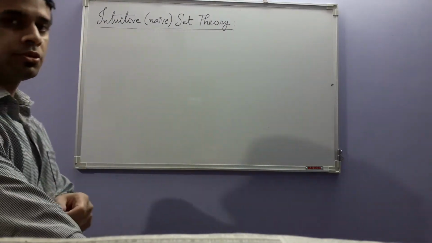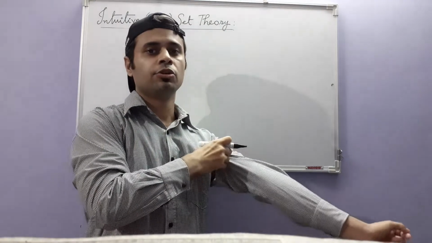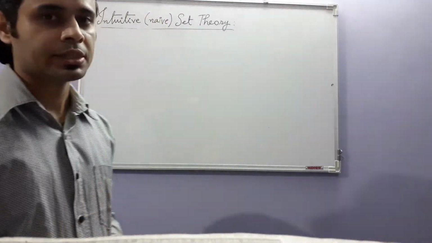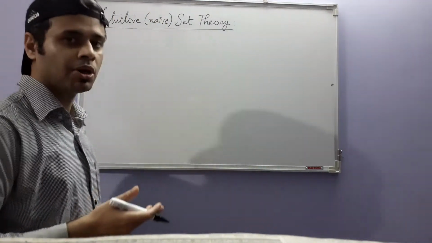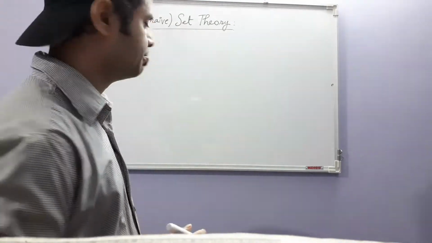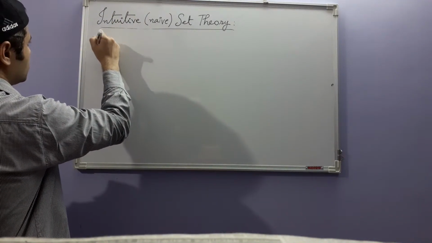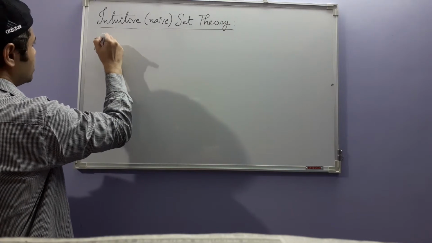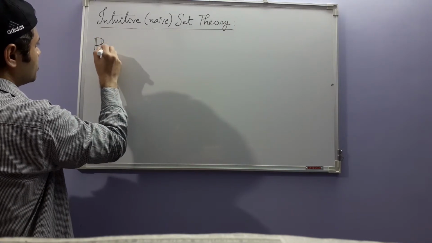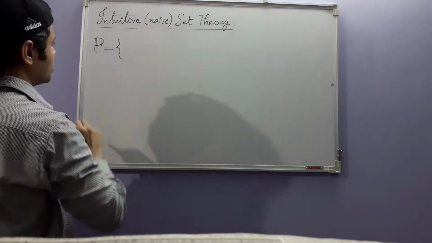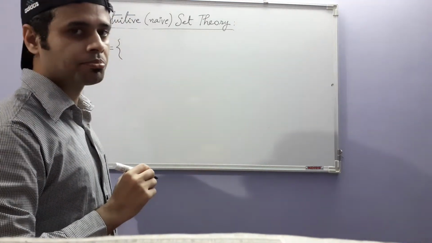Okay, so now we are going to look at some special sets and some symbols that have been reserved for them. So let us start with, we have already come across this, the set P of all prime numbers.